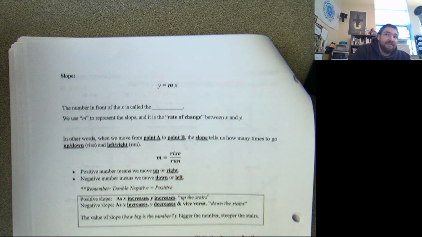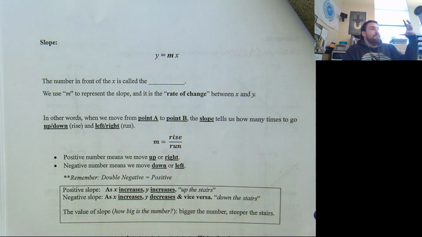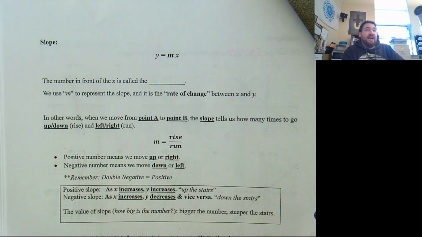We give a name to this concept. We say that the measurement of the steepness of a line, or even if you're out in the world, if you've driven, so those of you who say you've done the drive from Calgary to Edmonton, it's pretty flat. The slope there is going to be 0. But if you've driven from BC to Calgary, that's a whole other awesome experience, because you've got a set of mountains in the middle called the Rockies that you've got to go through.